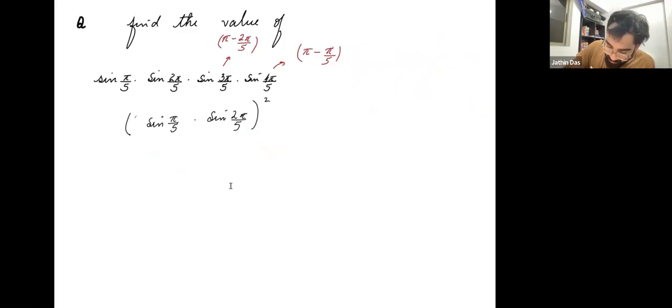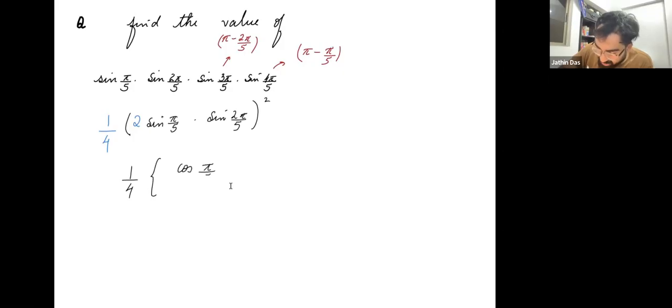What I did was like this. Now what is 2 sine? Cos of the difference, correct, no? Cos of difference, so cos pi by 5 minus cos of sum, which is 3 pi by 5, whole square.